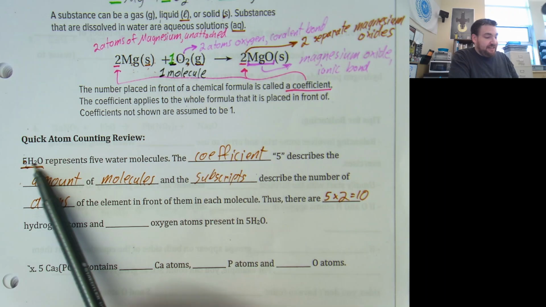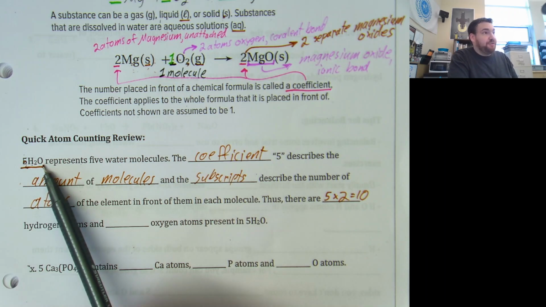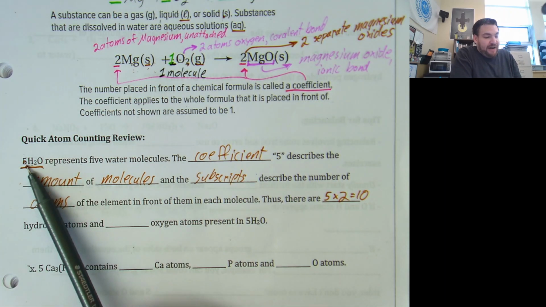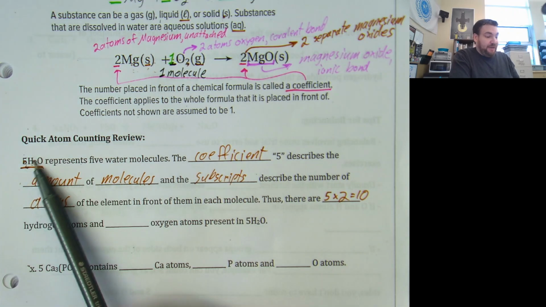So that 2 is connected to the hydrogen. There is no subscript on the O, which means we assume the subscript is 1, and it is directly on the oxygen.